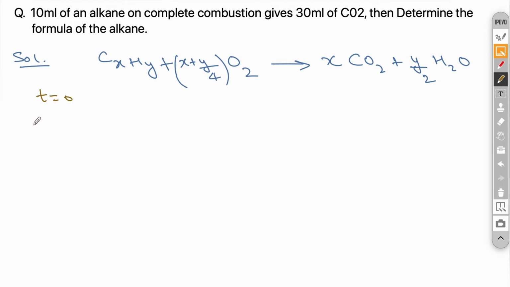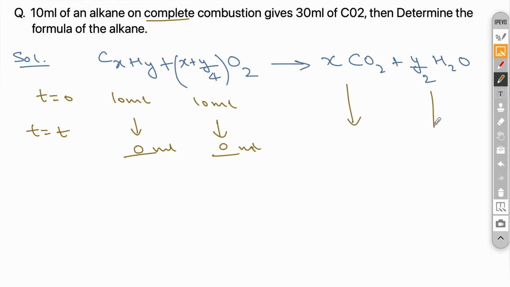As per the problem, at t equal to 0, we are given 10 milliliters of CXHY taken for complete combustion. Means this should also be 10 in order to undergo complete combustion, and it forms 30 milliliters of CO2, right?